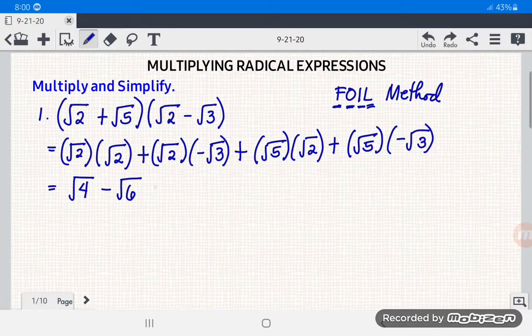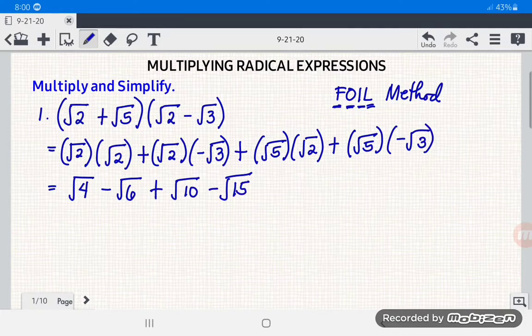Then plus square root of 5 times square root of 2 is square root of 10. Then square root of 5 times negative square root of 3: 1 times negative 1 is negative 1, then you just multiply the radicands, so we have negative square root of 15.